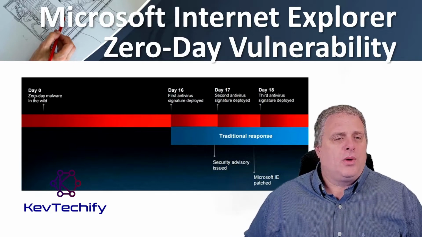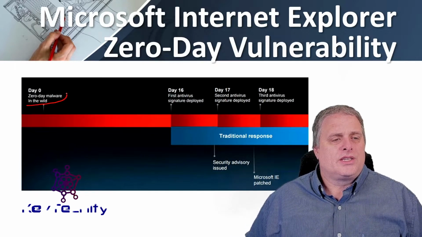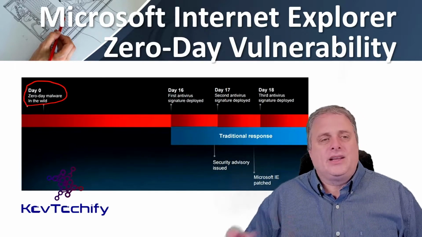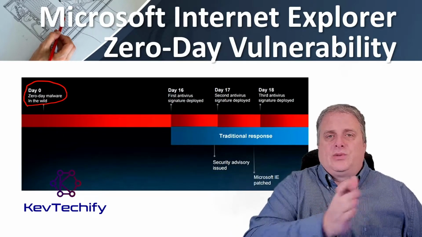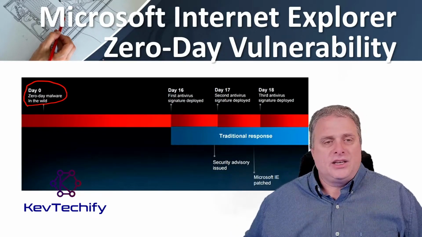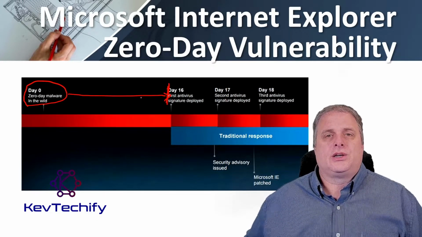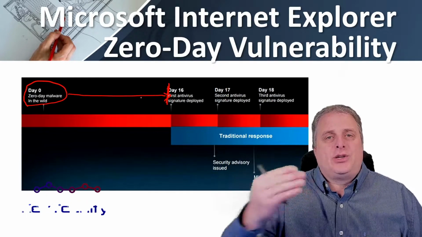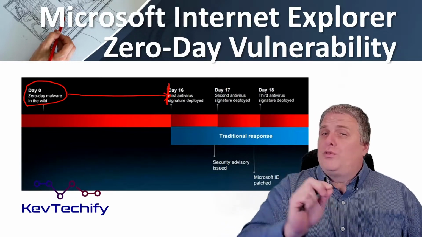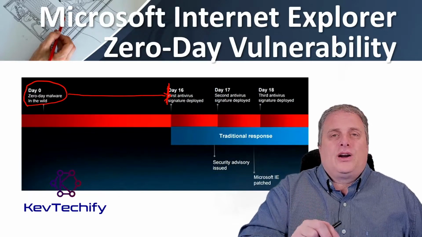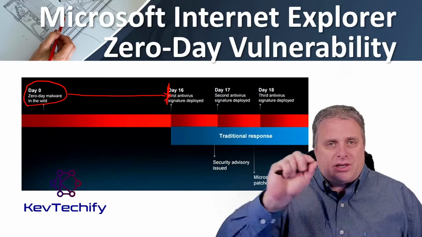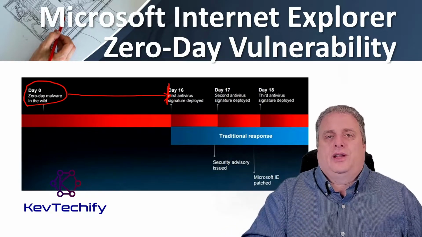The malware was released into the wild, onto the internet, on day zero. So that's where the idea of the zero day is. And then it took 16 days before the first antivirus signature was made to identify and stop that. So for over 2 weeks, this malware could do this exploitation out on the internet.